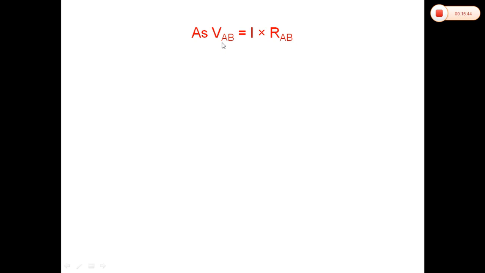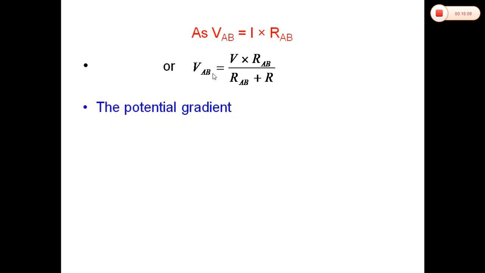For this one, as we know that VAB is equal to current multiplied by resistance AB, and I is equal to V upon RAB plus R. So the value of VAB will be equal to V multiplied by RAB divided by RAB plus R. Or potential gradient is equal to VAB divided by L. So we divide this term by L. So we got this relation V RAB divided by (RAB plus R) multiplied by L. So this becomes potential gradient.